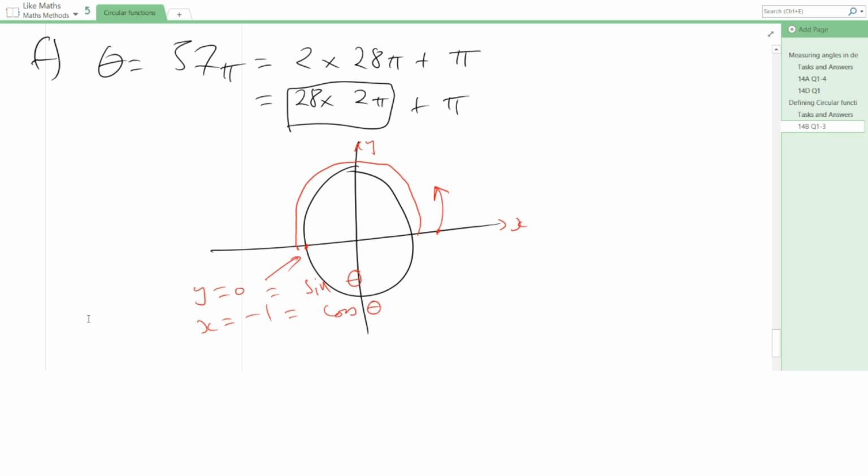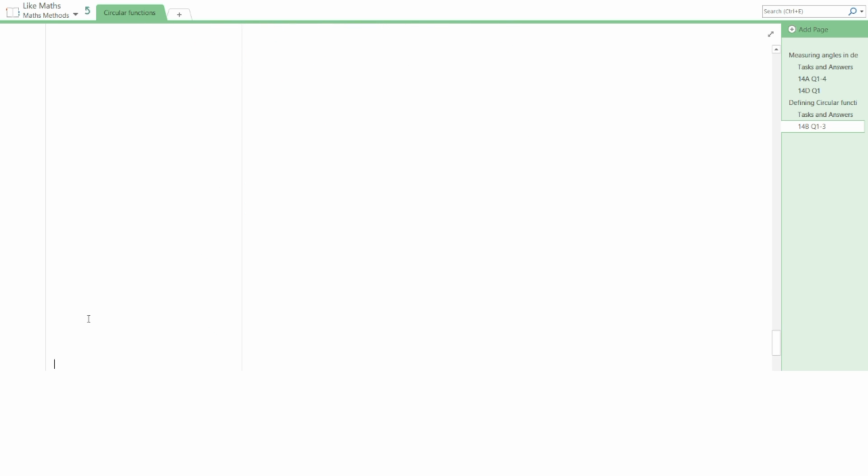And the next one, g, theta is 211. Okay, it's getting aggressive now. So that's like saying 2 pi times 105, which is 210, plus a pi.